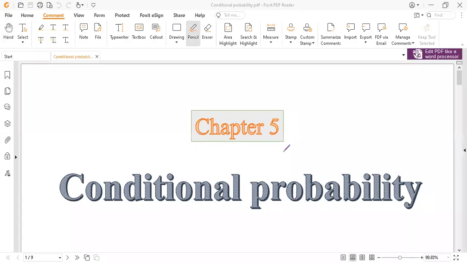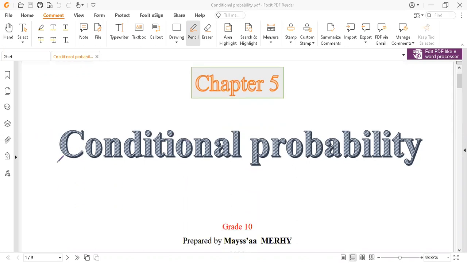Hi everyone. Today we are going to explain the last section of chapter 5, talking about conditional probability. By condition, we mean how we calculate the probability of an outcome occurring when a previous outcome is given.